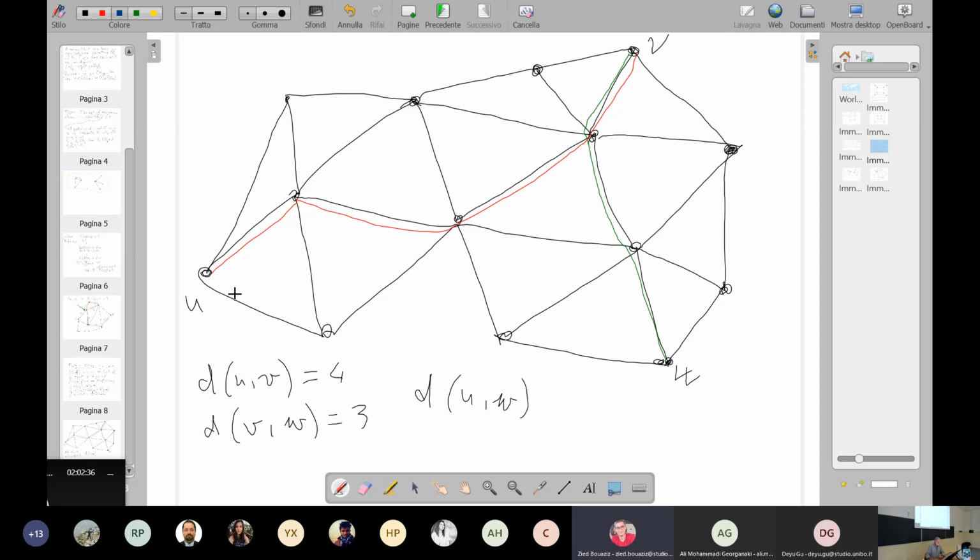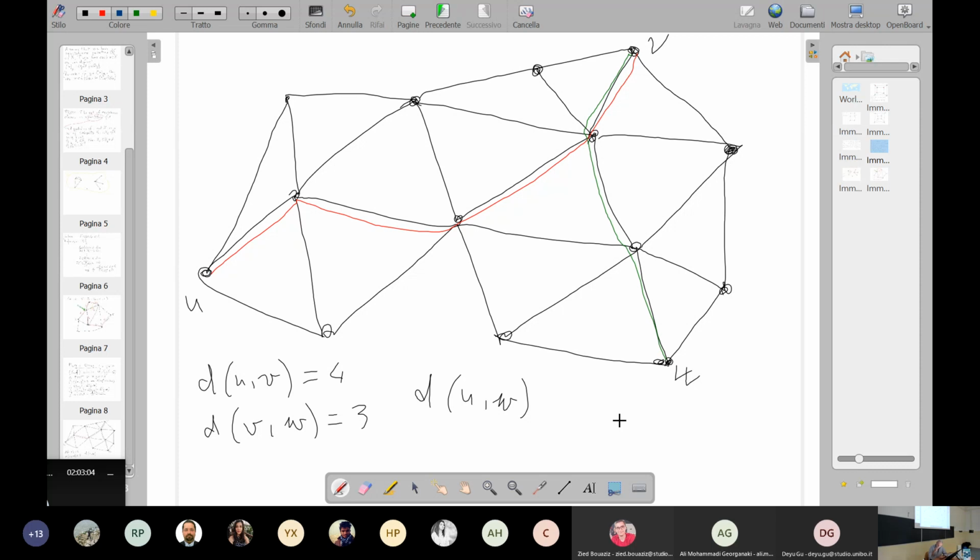What I know, you must think in general terms. In this graph, we have even less than these 5, but this 5 is enough for saying that the distance is less than or equal to 4 plus 3, and this is enough.